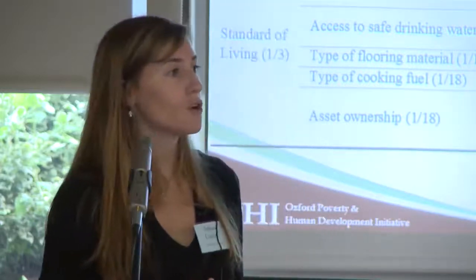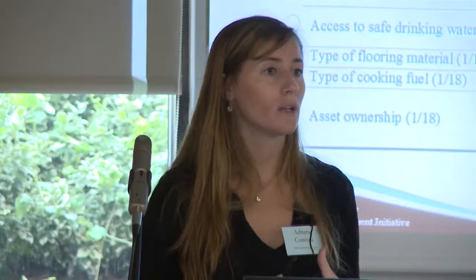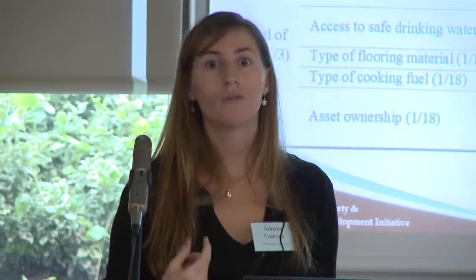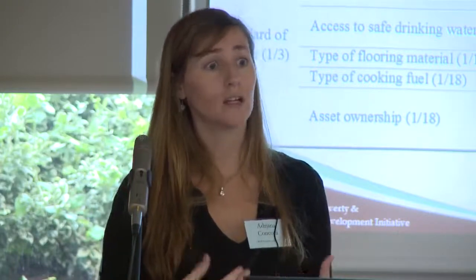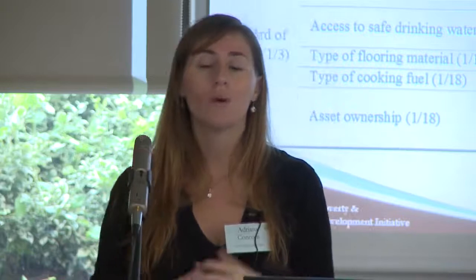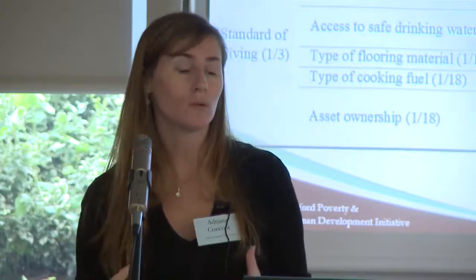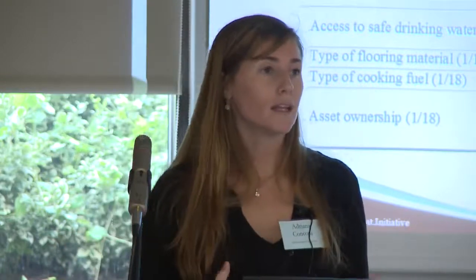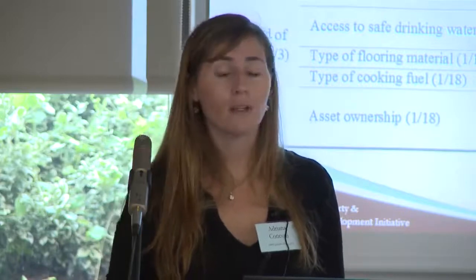And then we have 3 other indicators. One is about the quality of the flooring. If the floor is dirt, sand, or dung, the household is considered to be deprived. And then another indicator on cooking fuel. When the household is using solid cooking fuel for cooking, then it's identified as deprived in this indicator.